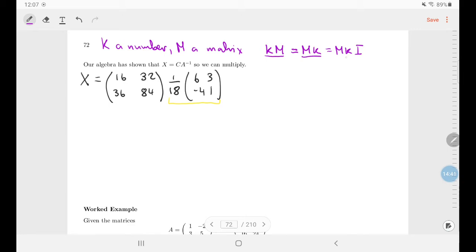That's what's going on in the background. With a bit of work, they are basically the same. So we can swap this and this, and then multiply in the 1/18 at the very end, or keep it out if we want. Order of multiplication of matrices matters, but when multiplying matrices by numbers, the order doesn't matter. You get the same thing.